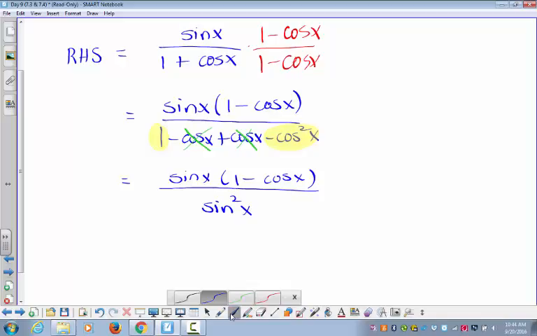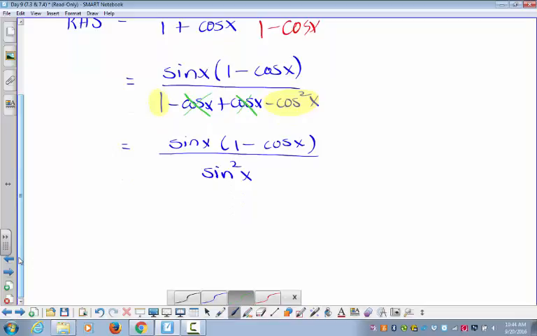And now you can kind of see, oh, yeah, it made sense not to distribute this sine, because now what's going to happen? Cancel, right? We have multiplication up top, so this factor of sine is going to wipe out one of those factors of sine downtown.